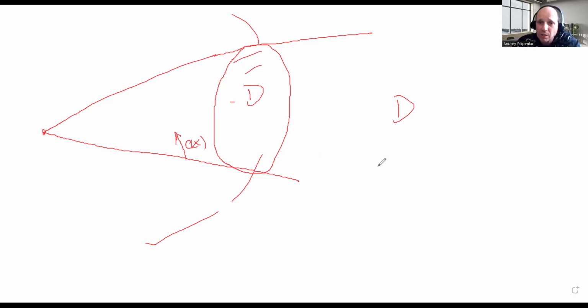And at first, what is Brownian motion in a cone with reflection at the boundary?